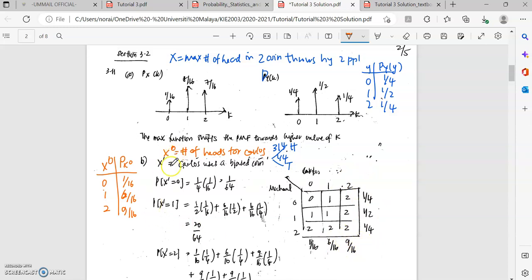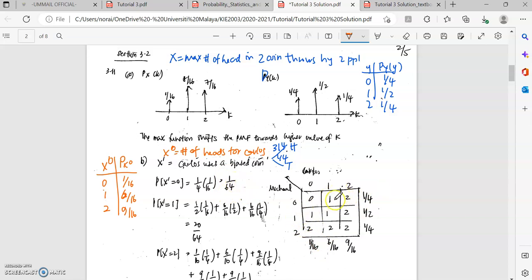Now X prime is the maximum of the two numbers of heads in two coin throws by two people, one is Carlos and one is Michael, where Carlos is using a biased coin. So that is X prime. Again, you have the same maximum number of heads, but the probability is different. For 0, it is 1 over 16 times 1 over 4, so 1 over 64.